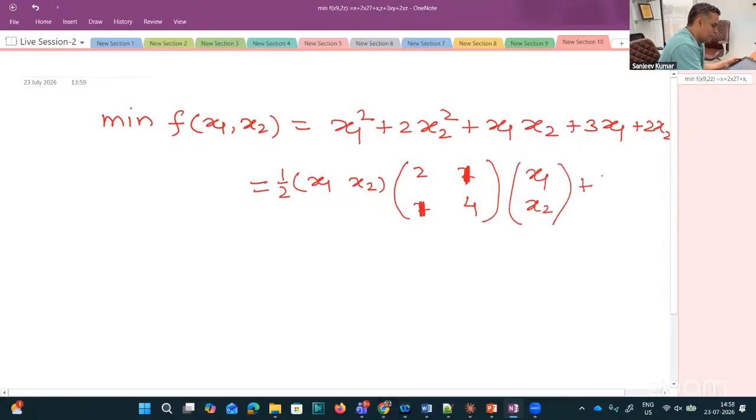So I will be having x1, x2, or f transpose x if you want to write, like 3, 2, and then x1, x2.